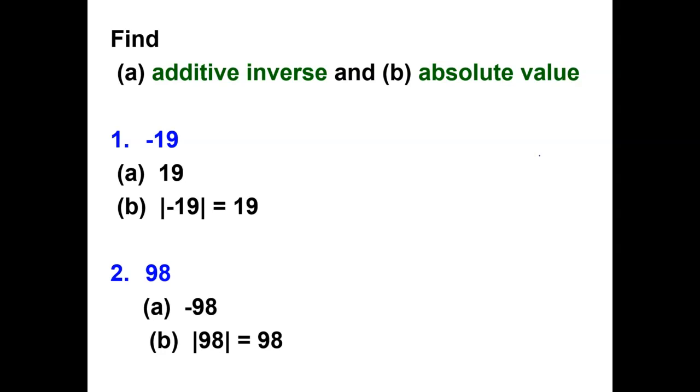Let's take some more examples to understand the absolute value. Let's simplify. This problem I'm reading as the absolute value of negative 25, meaning the distance between 0 and negative 25. The answer should be positive 25.